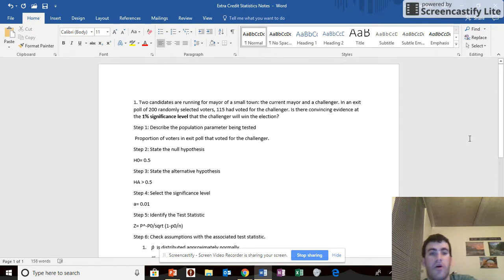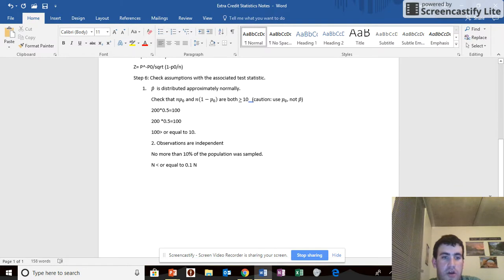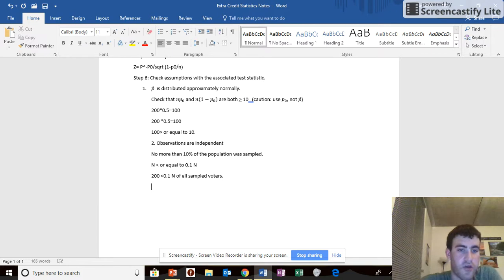The sample size is 200 randomly selected voters, so 200 has to be less than or equal to 0.1 times the number of all voters. Multiplying by 10 on each side, is 2,000 less than the number of all voters?